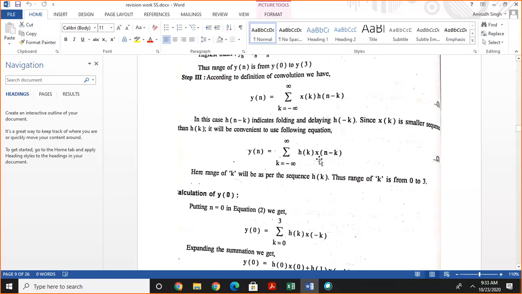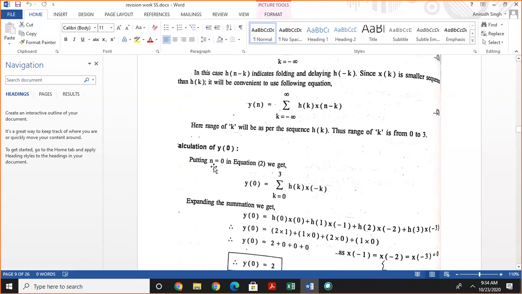The definition of convolution is y of n given by this. Y of n is equal to summation of x of k h of n minus k, and since convolution is commutative, you can write that y of n is summation h of k multiplied by x of n minus k.